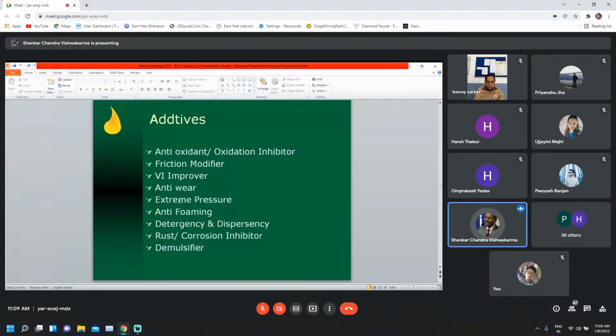So what these additives are doing is, they are reacting with the metal surface and forming a chemical bond there, and they are not allowing these asperities to get deformed or dislodged from the surface. So this is helping to reduce the rate of wear in extreme pressure conditions.